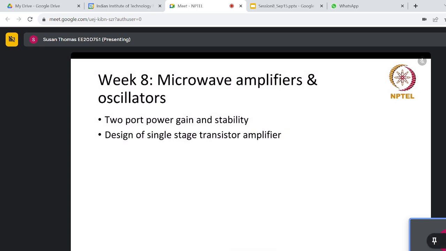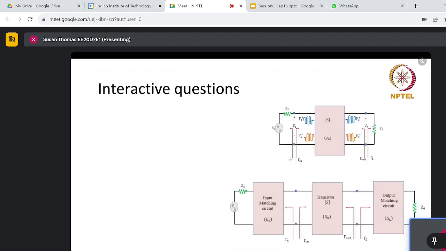So basically the design of a single stage transistor amplifier, then a low noise amplifier design, then discussions on RF oscillator. So this is the syllabus coverage in this particular week 8.